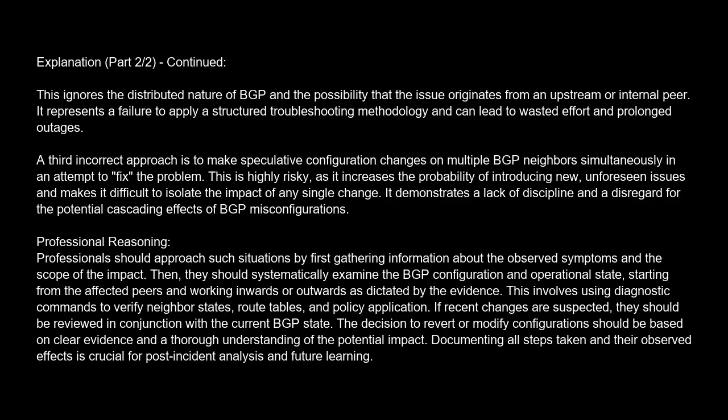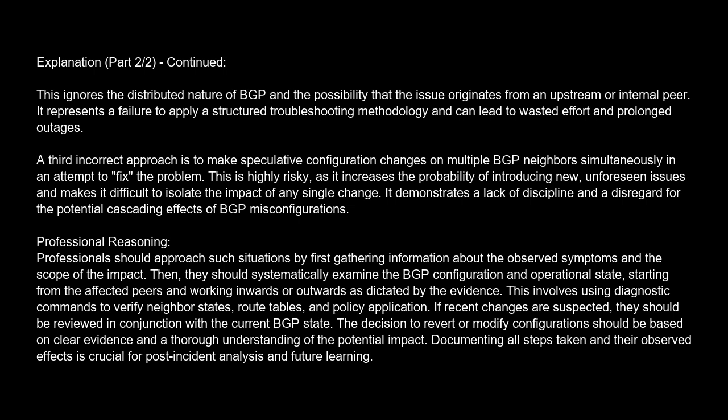A third incorrect approach is to make speculative configuration changes on multiple BGP neighbors simultaneously in an attempt to fix the problem. This is highly risky, as it increases the probability of introducing new, unforeseen issues and makes it difficult to isolate the impact of any single change. It demonstrates a lack of discipline and a disregard for the potential cascading effects of BGP misconfigurations.